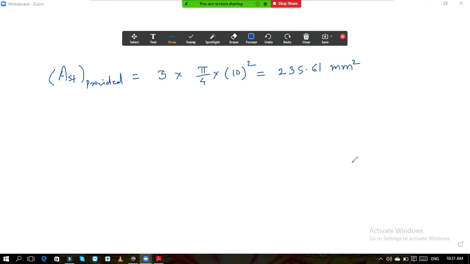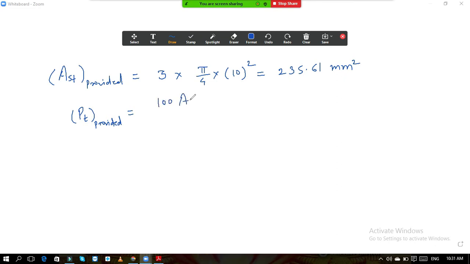Then we calculate the percentage of steel provided. Initially we have assumed 0.3% of steel. Now we will calculate what we have actually provided.